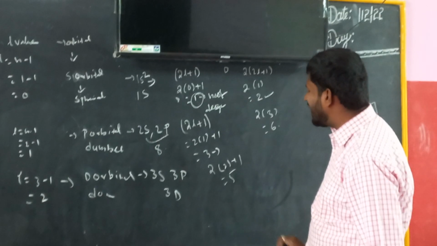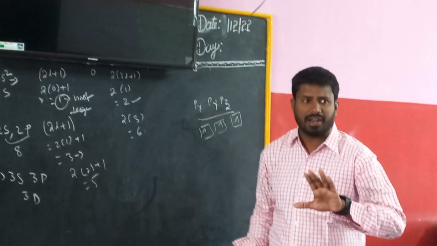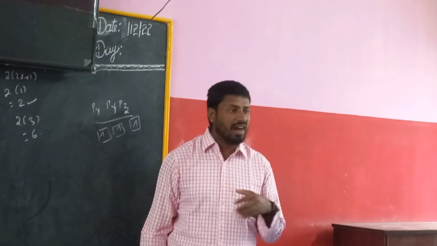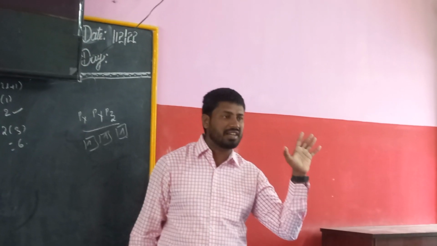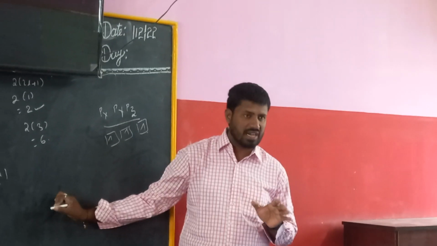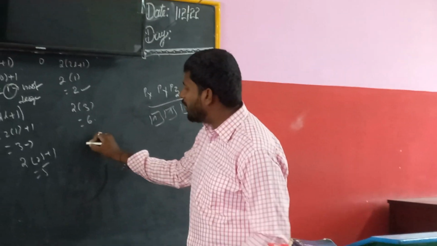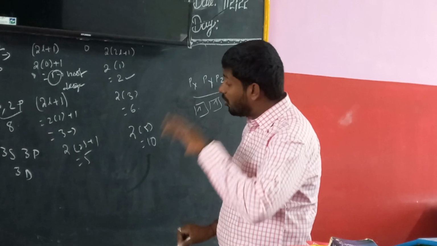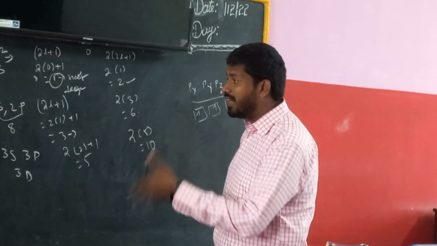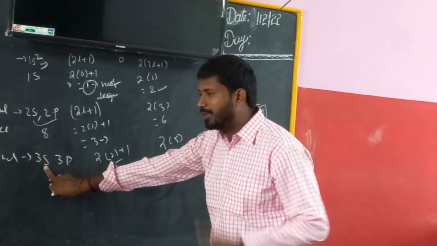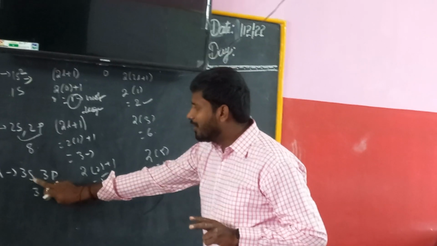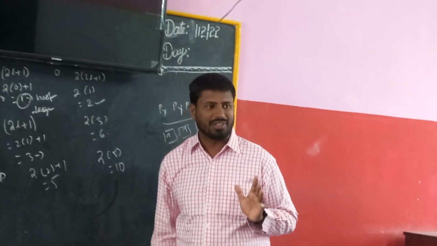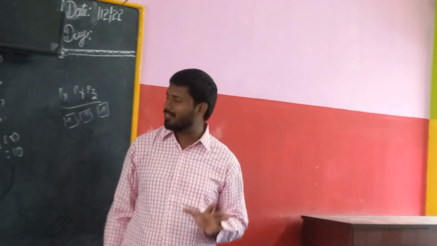So d orbital can accommodate 5 electrons. Then we say that d orbital is half-filled and d orbital has degenerate electrons. It is a half-filled configuration. Then the number of electrons d orbital can accommodate is 10. Total number of electrons if n is equal to 3: 3s means 2, p means 6, 2 plus 6 is 8, then d means 18. If n is equal to 3, the total number of electrons is 18.